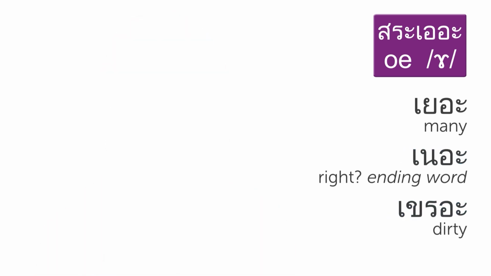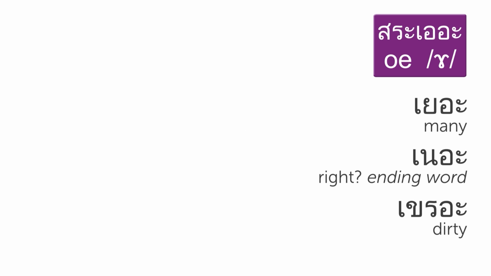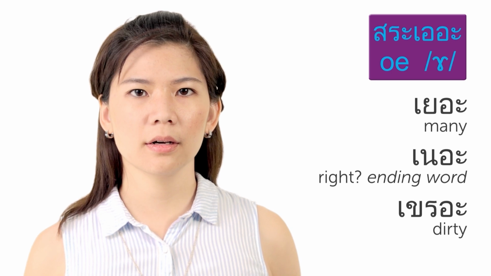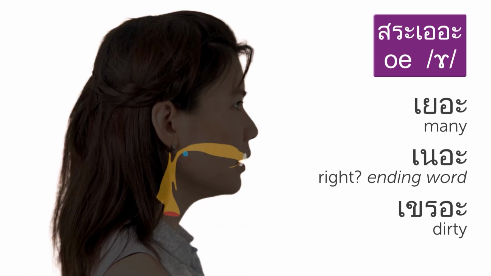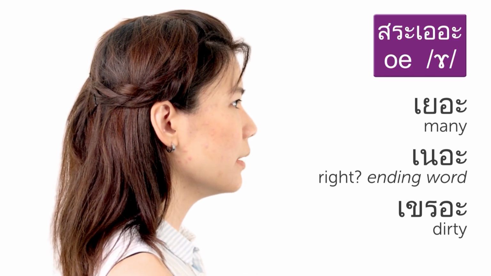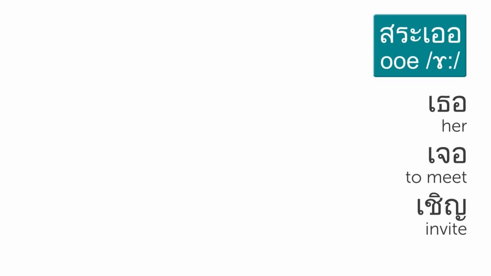To pronounce this sound, first try to pronounce the O in boat. From there, try to unround and spread your lips. Listen to J. The next and final vowel sound is identical to the previous sound, but longer.